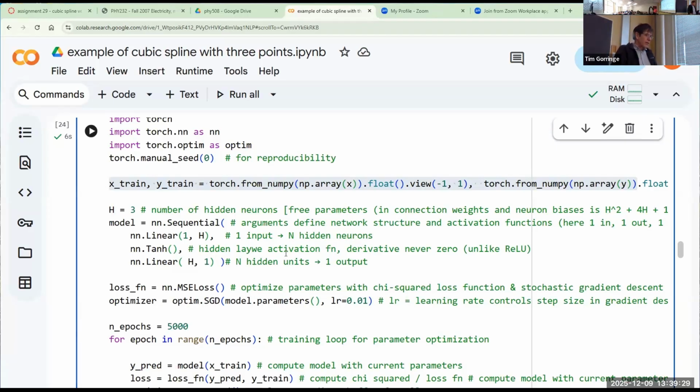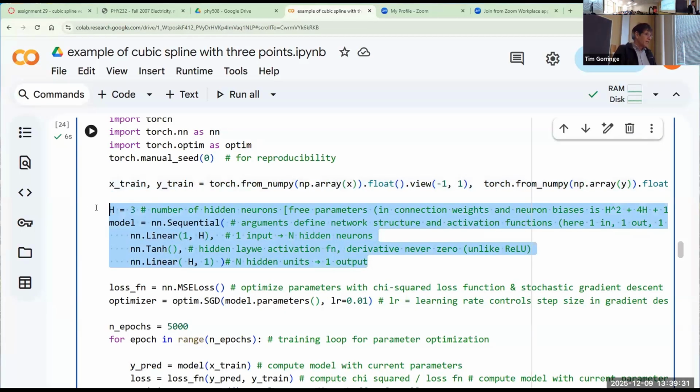This little bit of code here defines the neural network that I'm going to try and interpolate with. I'm trying to interpolate with a network that looks like the network I showed you in my slide. I've got one independent variable input, xi, and one dependent variable output, yi.